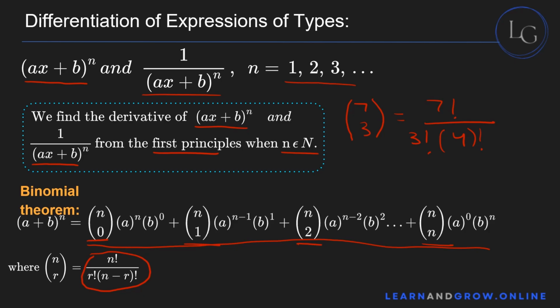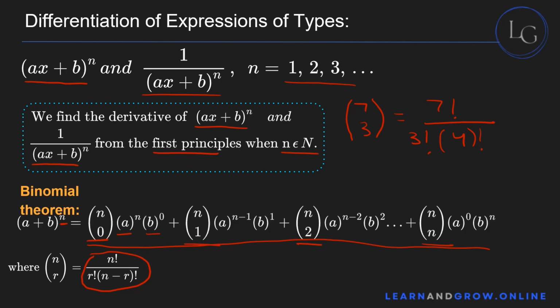And this is the rest of the formula for the binomial theorem. These are the brackets, and other than that you can see that there are a and b, the two variables over here. So the power of a starts with n, which is the original power given in the question, and the power of b in the very first term is 0.